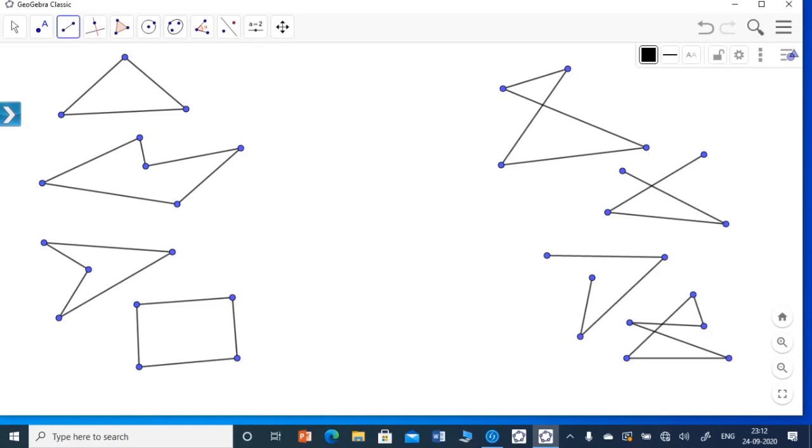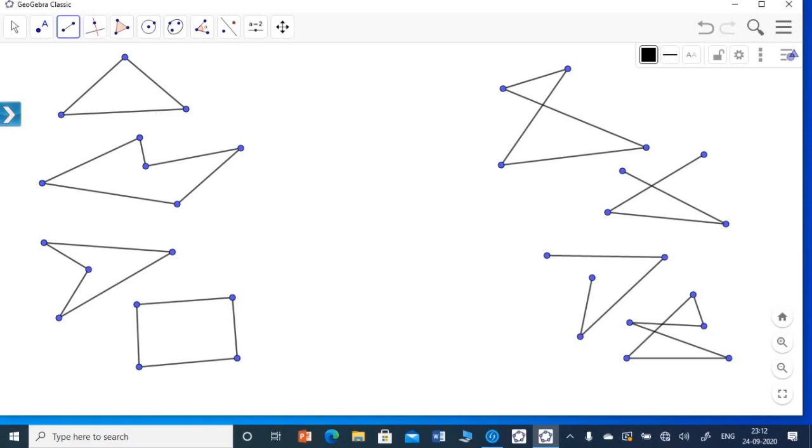In the second set, lines are intersecting, and in the third figure, it is not closed. If the lines are intersecting, then they are not simple figures. And the third one in the second set is not a closed figure.